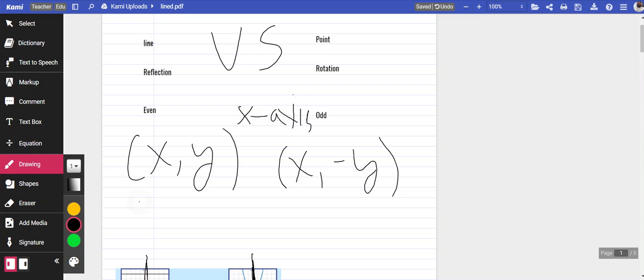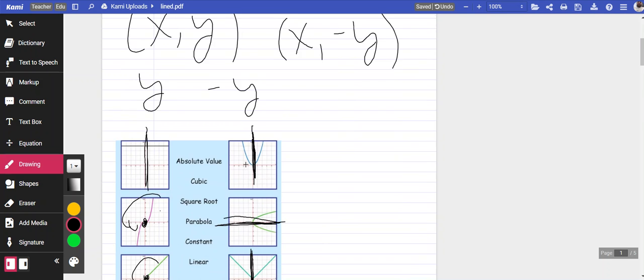Algebraically, you replace y with negative y, and if you get the exact same equation, then you have linear symmetry. We have symmetry with respect to the x-axis.